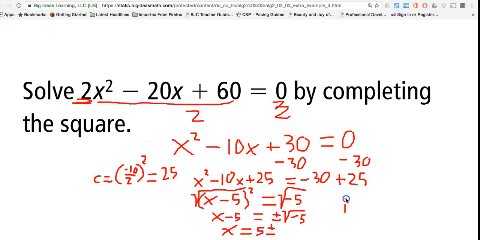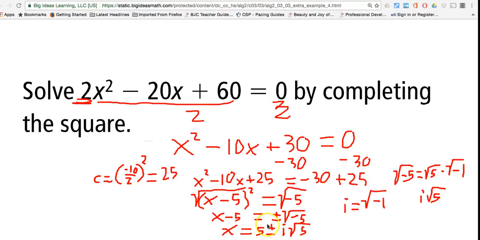Remember, this is from one of the other lessons: i is just equal to the square root of negative 1, and the square root of negative 5 is just equal to the square root of 5 times the square root of negative 1. So we end up with i times the square root of 5. So we get 5 plus or minus i times root 5.